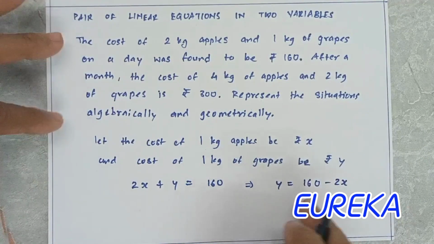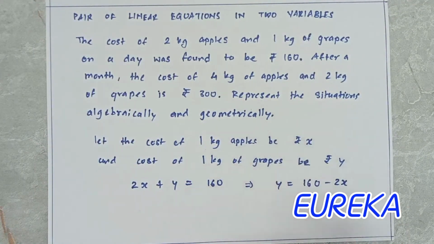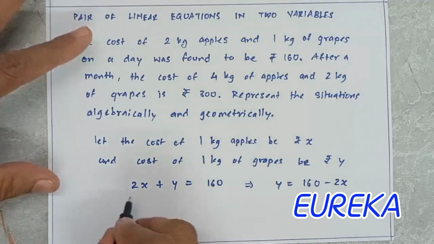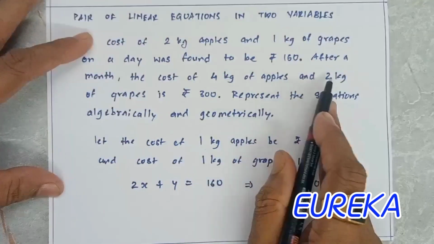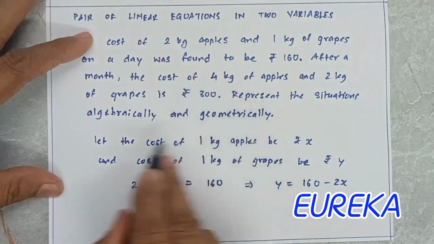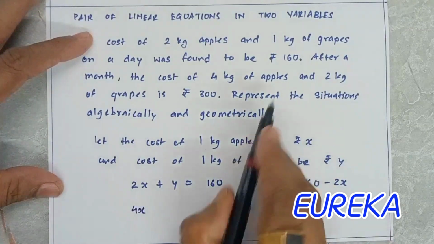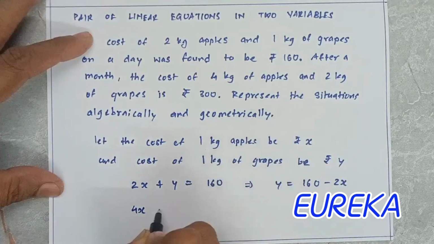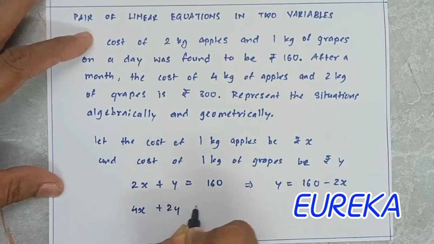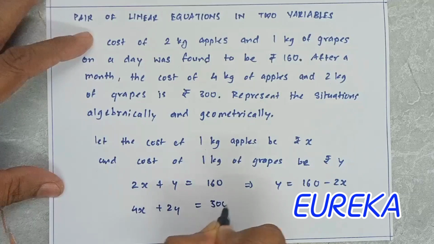We are doing this for finding the solutions to plot graphically. Now the other situation is after a month: 4 kg of apples means 4x and 2 kg of grapes means plus 2y. How much did I pay? 300 rupees.